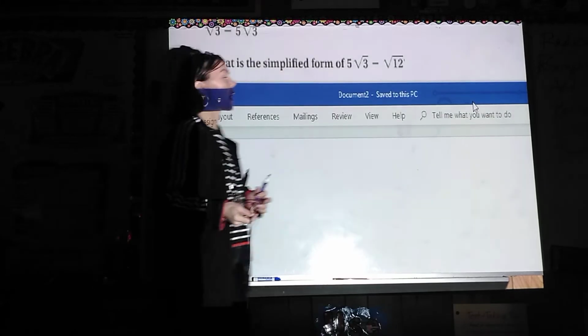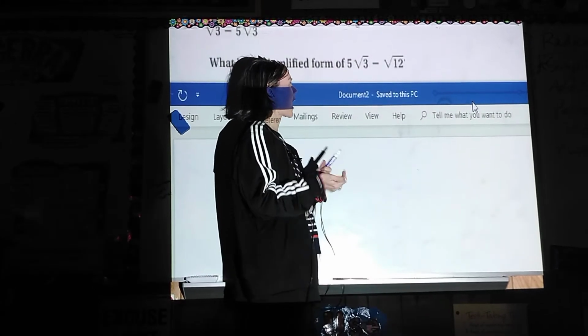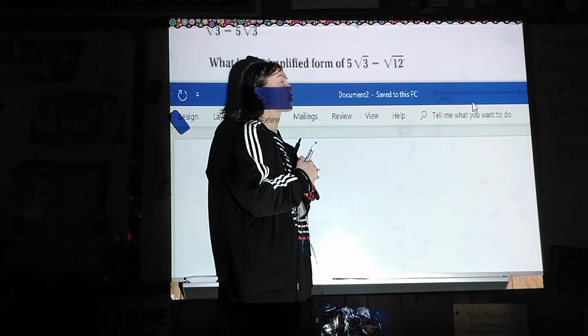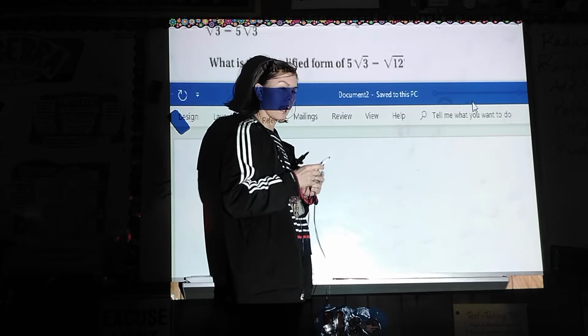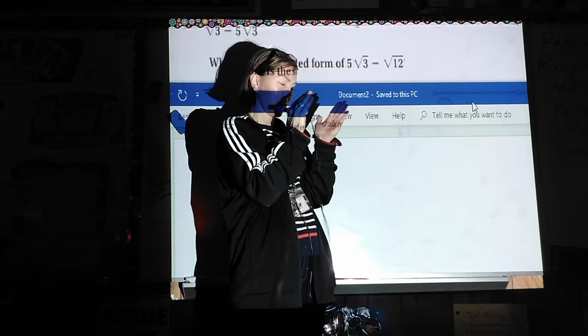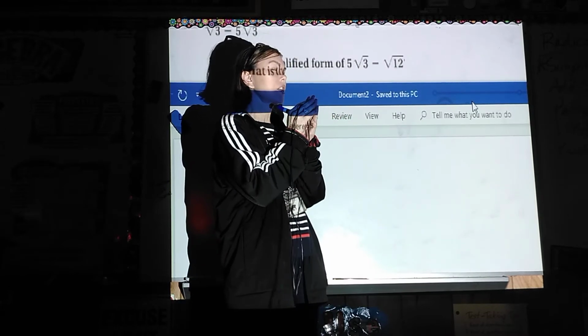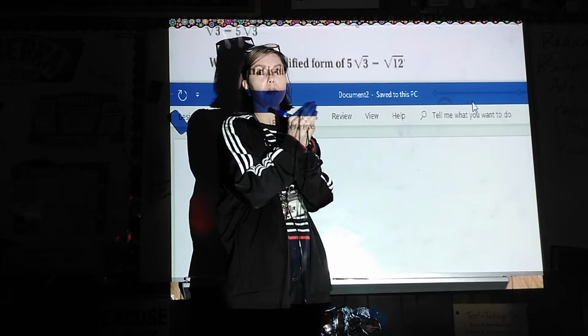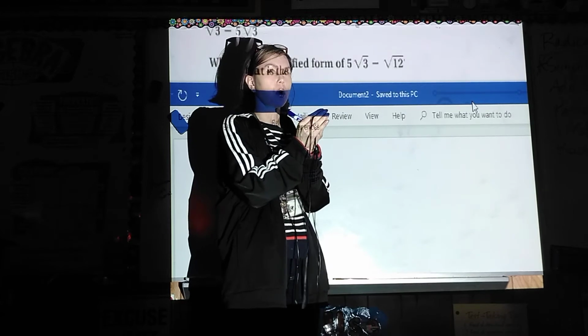What is the simplified form of 5 radical 3 minus radical 12? This is why the original lesson of simplifying radicals was so important.